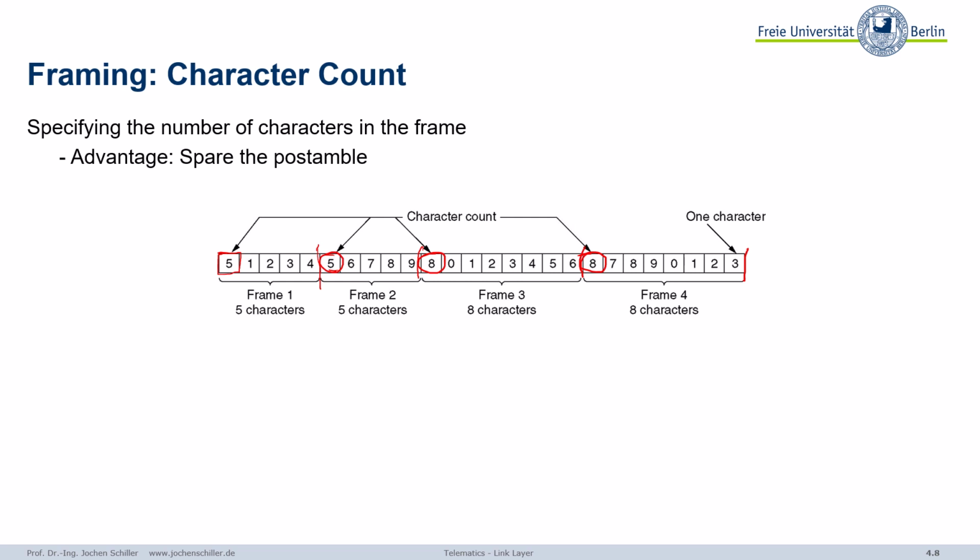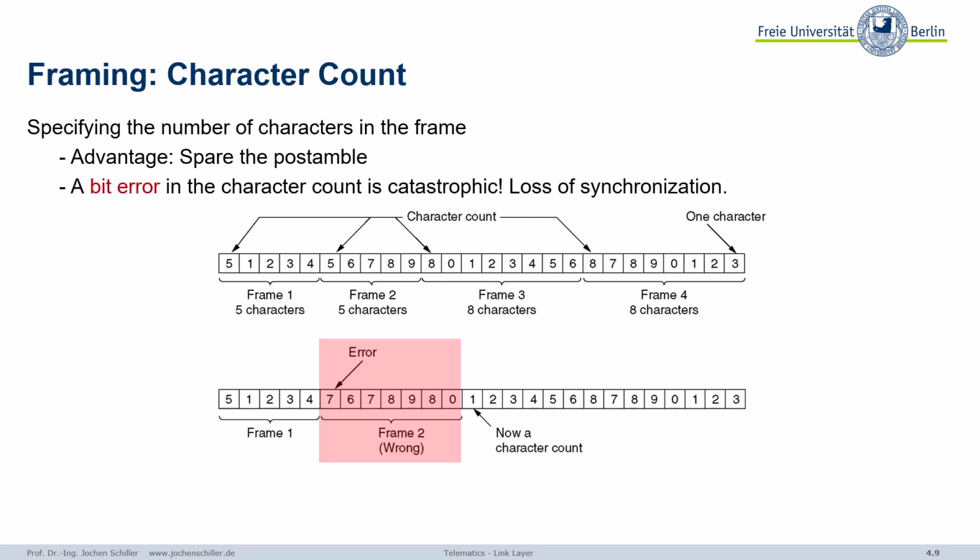Well, imagine if we have an error in exactly one of these fields. So instead of transmitting a 5, we transmit a 7. Just flipping a single bit. Think that the representation of a 5 compared to a 7, for example, flipping a single bit means suddenly we have a different length indication, now telling us, wow, this frame is now 7 characters long.